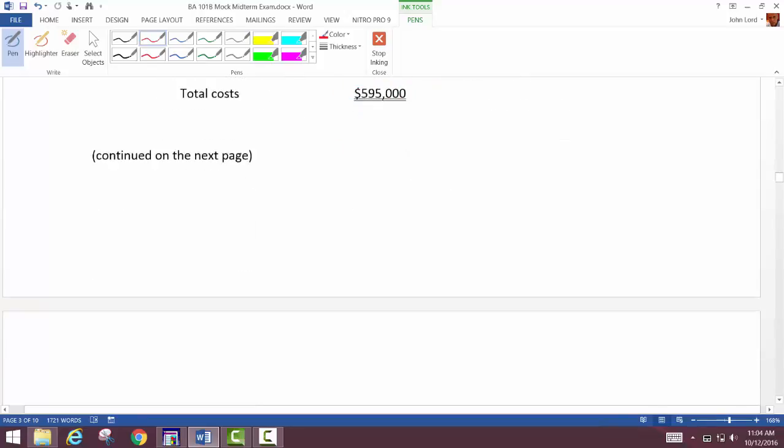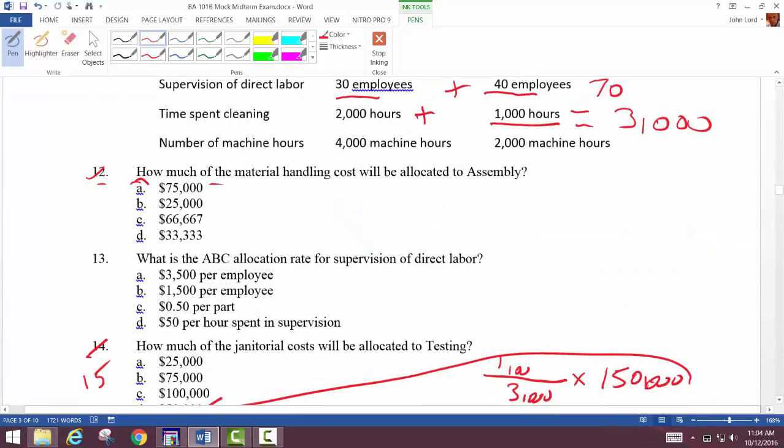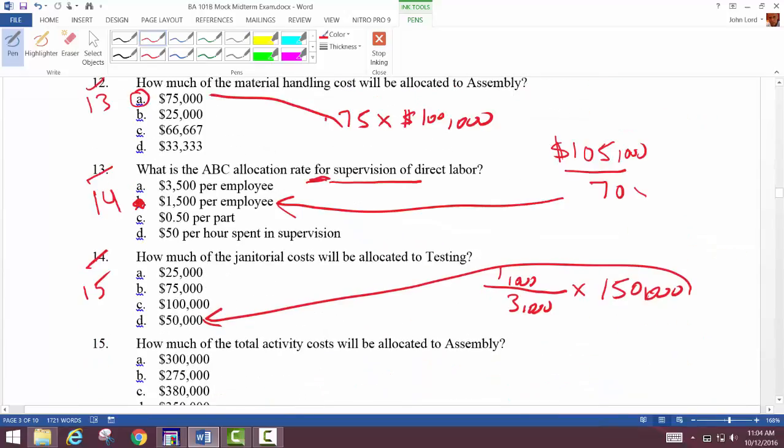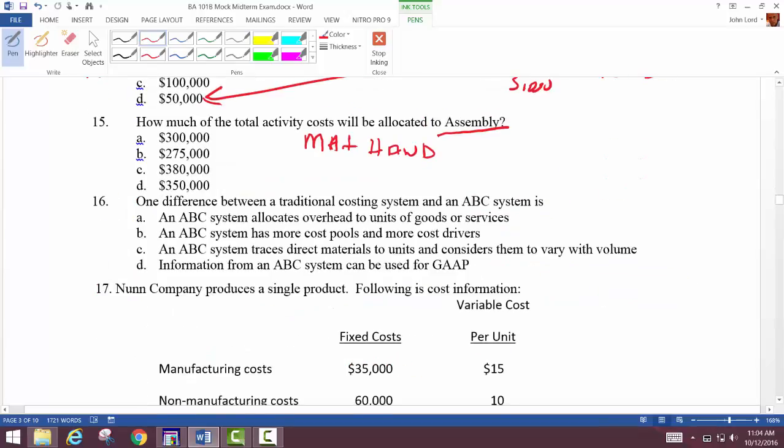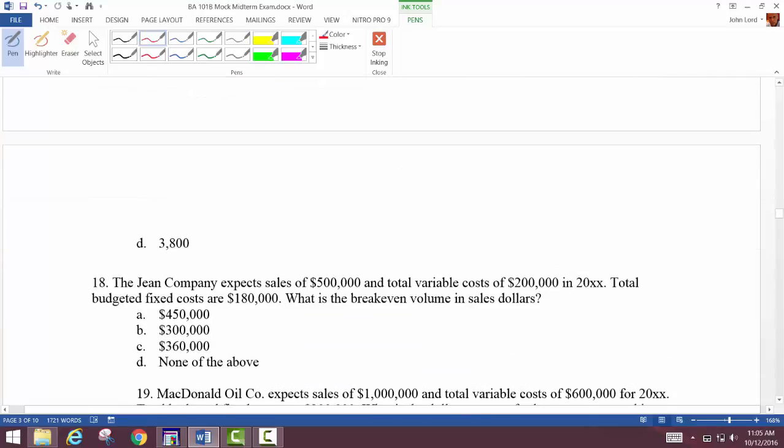I understand that we've already figured it out, guys, but I'm going to put the whole solution here for this one. So materials handling equaled 100,000, and we multiplied that by what? They're using parts to allocate this.